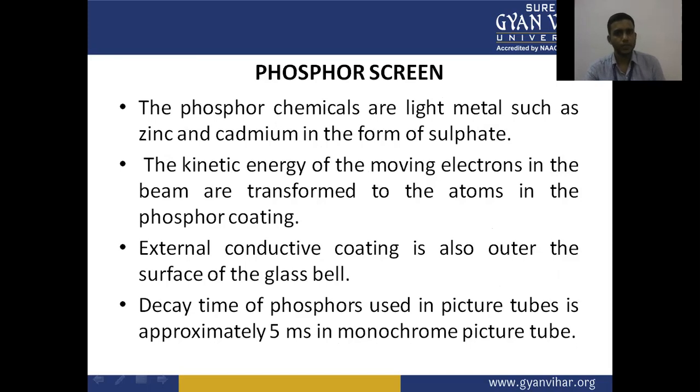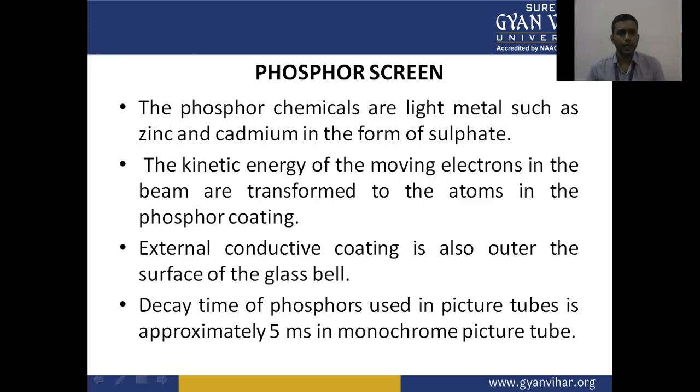Now, the phosphor screen: the phosphor chemicals are light metals such as zinc and cadmium in the form of sulfate. So this is the phosphor screen used in picture tubes, and the material is zinc and cadmium in the form of sulfate.